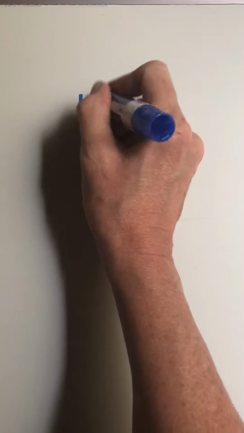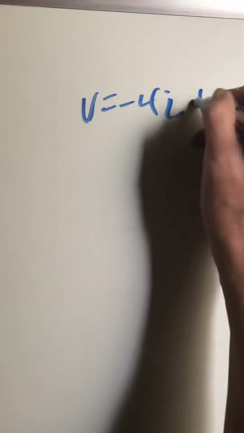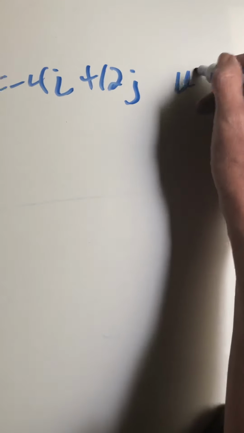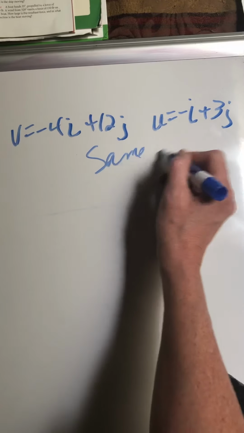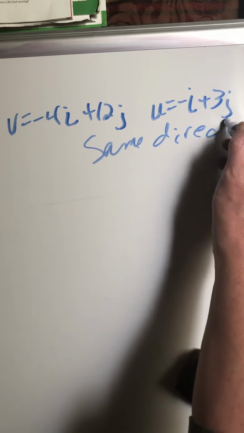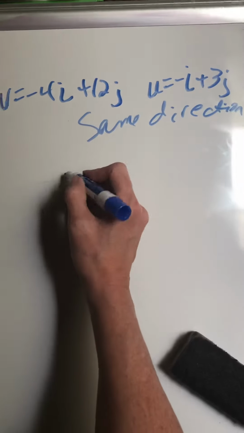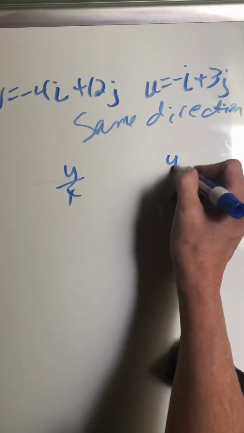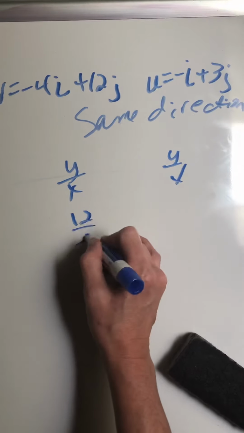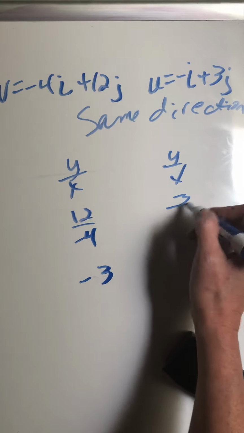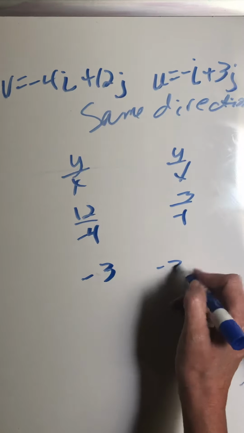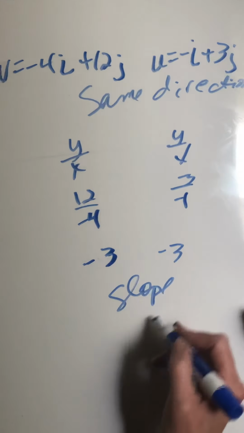You're going to have something like this, and you're supposed to sketch them to show they have the same direction. Well, I would do y over x on both of them. It's 12 over negative 4, which is negative 3, and then 3 over negative 1, which is negative 3. And guys, that's a slope. That's your slope.